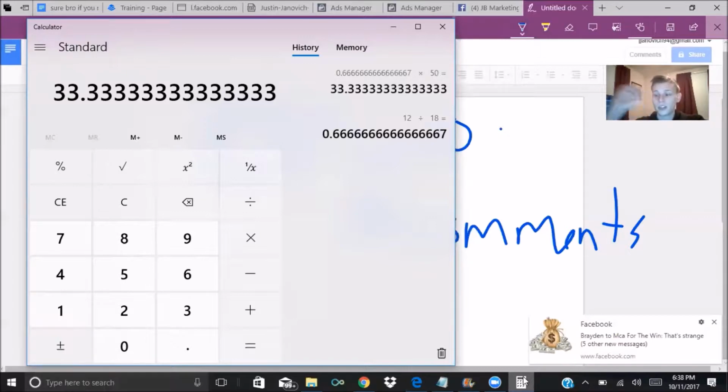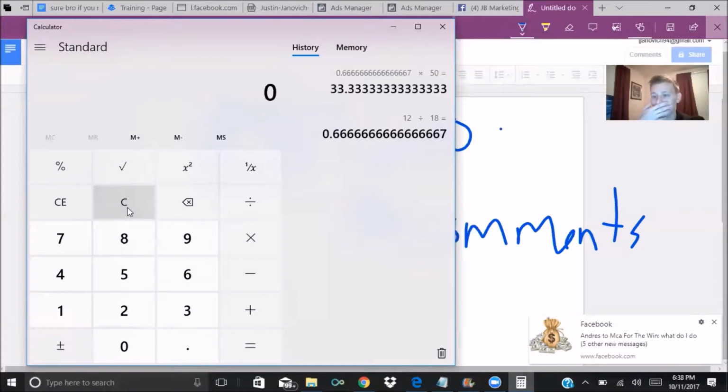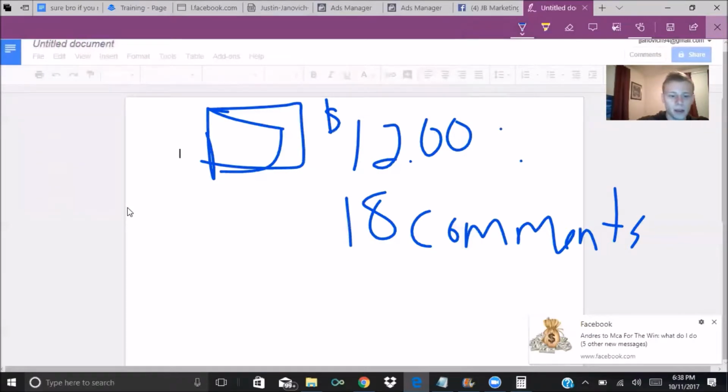Now, it costs us $33 in ad spend to make 80 to 90 every single time, all right? As I said, your goal in this business should be to get these cost per comments down to 50 cents or below, okay?